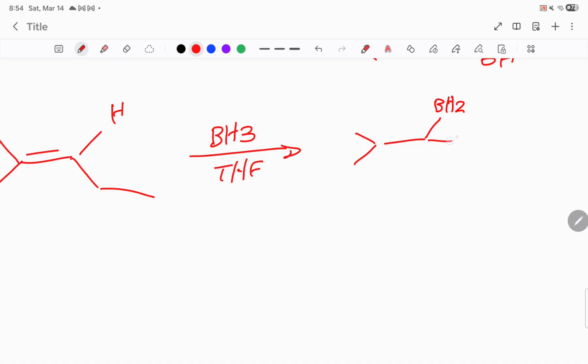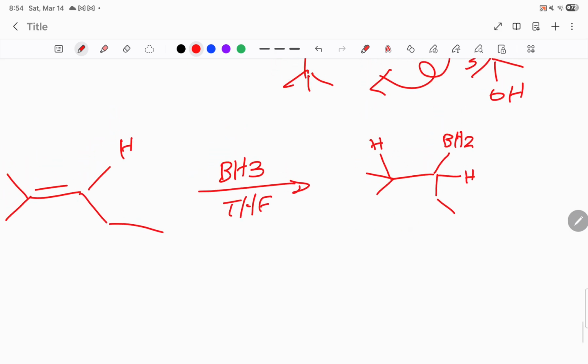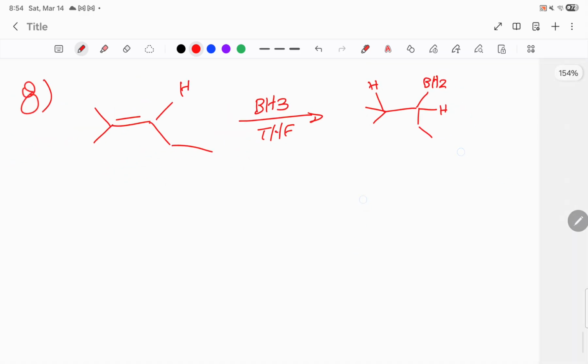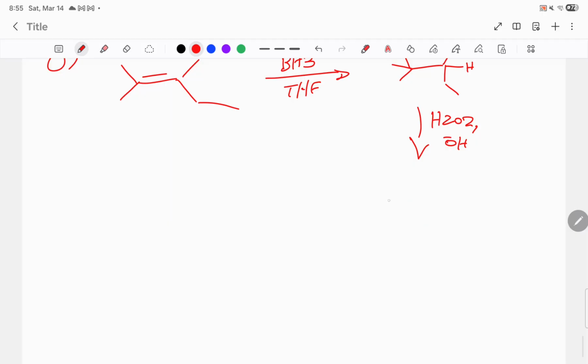But it looks something like this. Again, I will break down what this means. Don't worry. Here's my organoborane, and then through a subsequent oxidation step by hydrogen peroxide, again in OH minus, I will get my alcohol. Okay, so again, boom, boom, boom.